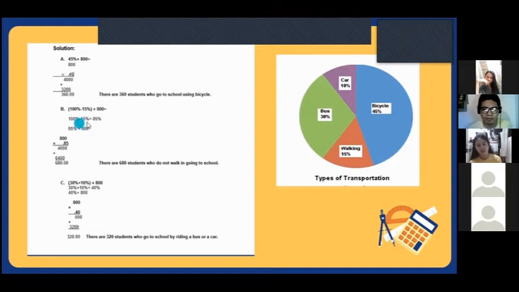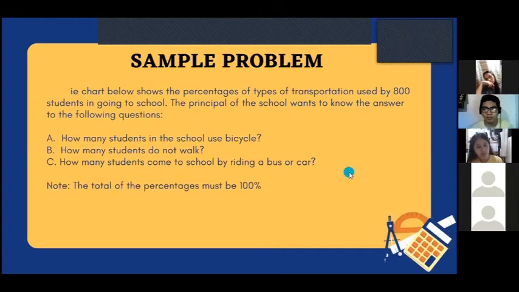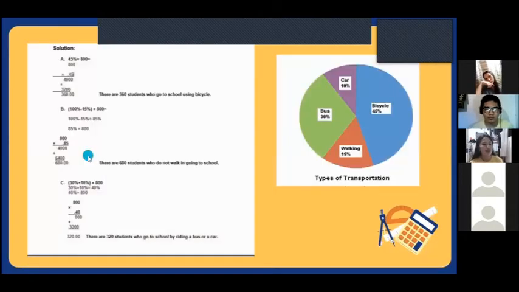So letter B, how many students do not walk? As we can see in the figure, the students who walk to school are 15%. So you have to subtract 15% from 100%, because percentage means per 100. So 100% minus 15% is 85%.